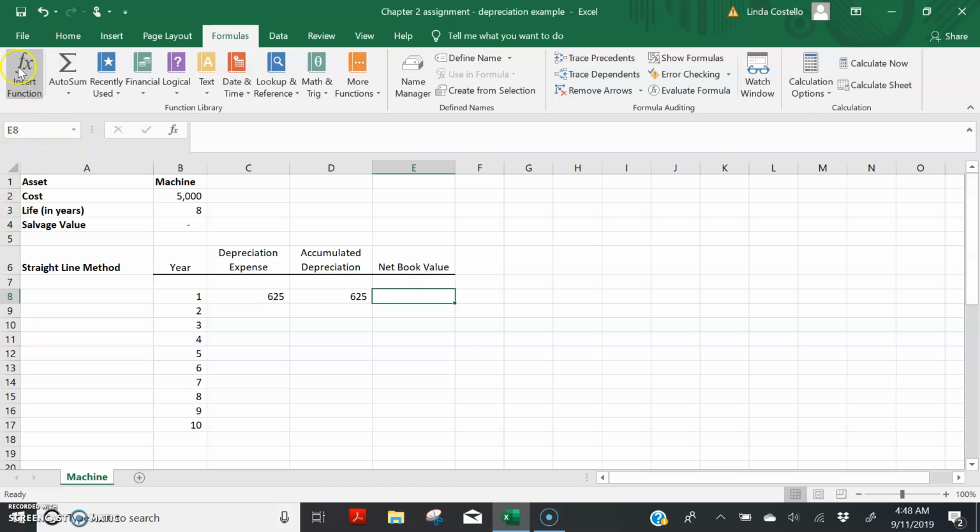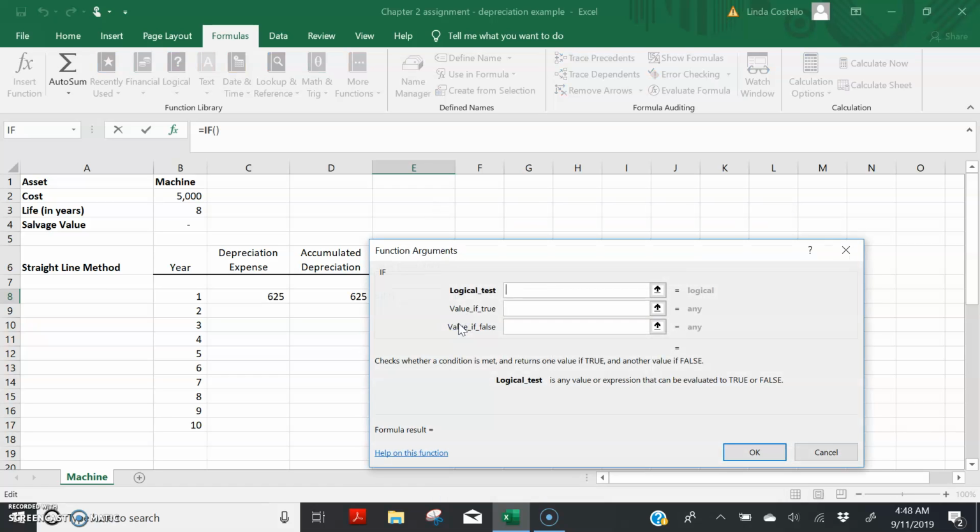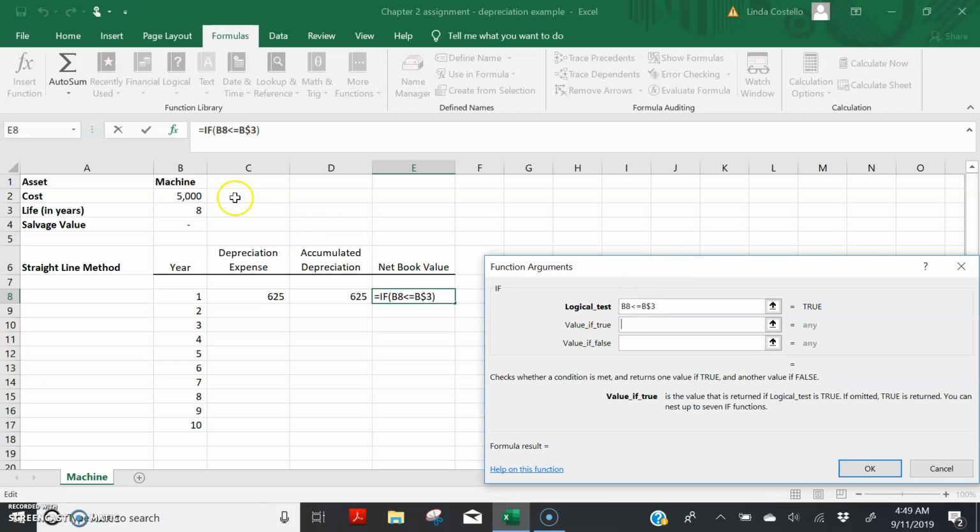So starting out with the if function, so if year 1 is less than or equal to the 8 years in its life, then cost minus accumulated depreciation, otherwise make it blank.